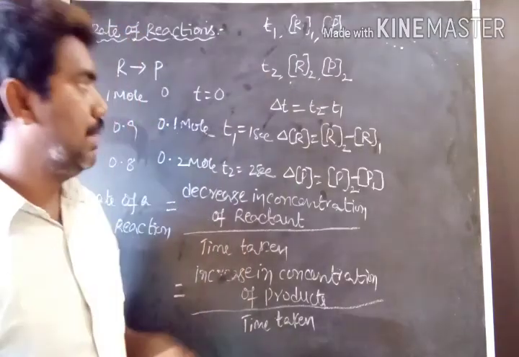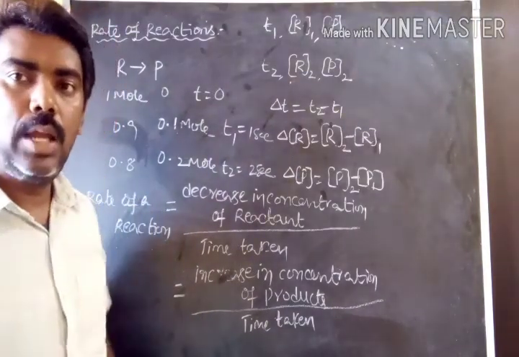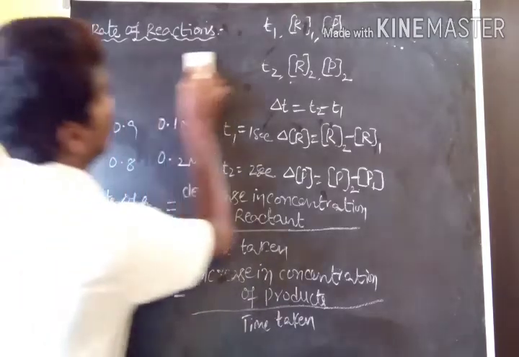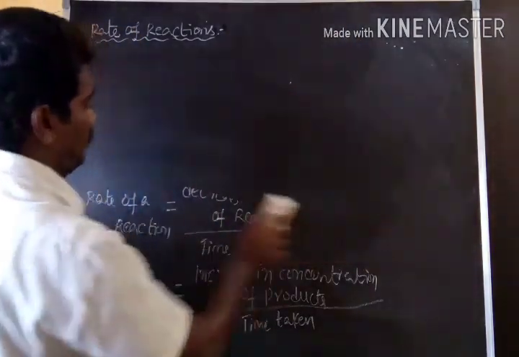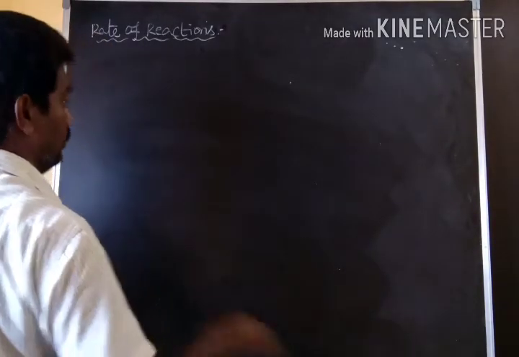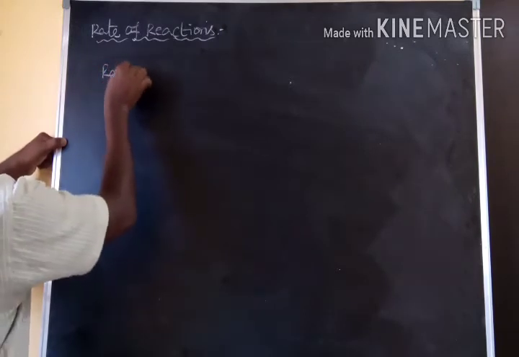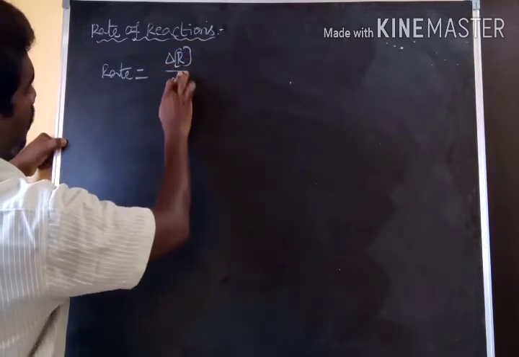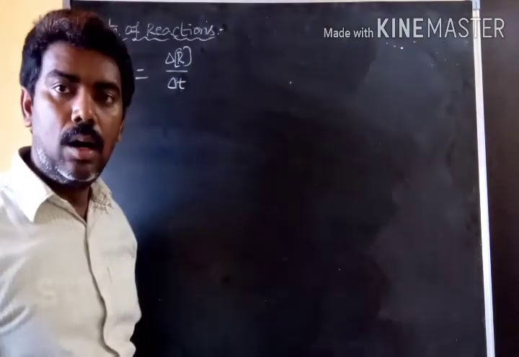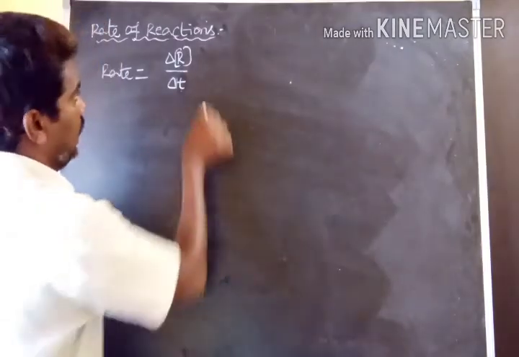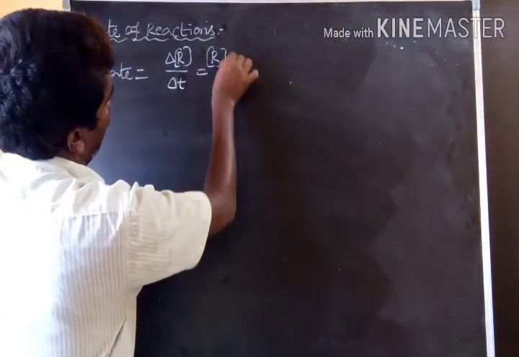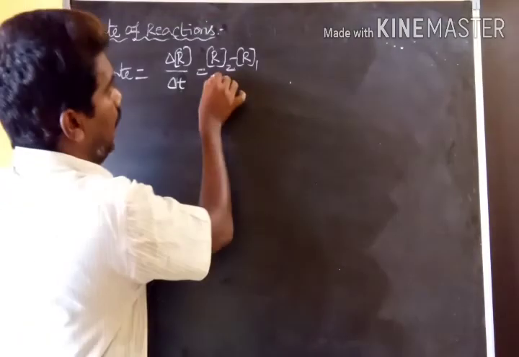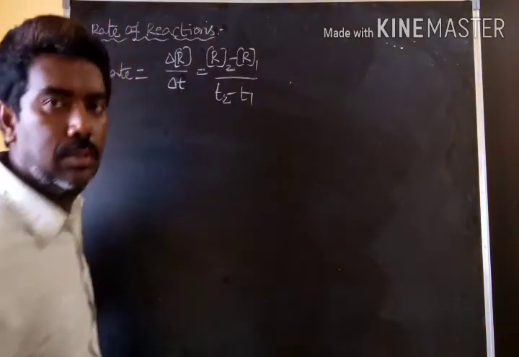Then what is the mathematical representation? The rate of reaction is equal to delta R by delta T. Delta R is R2 minus R1, so it is R2 minus R1 by T2 minus T1.